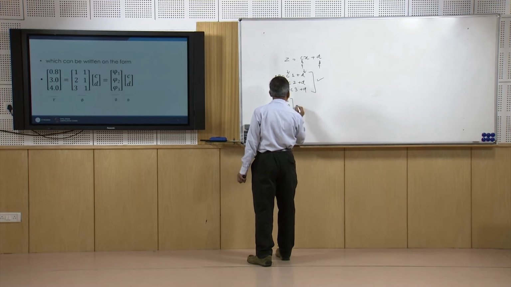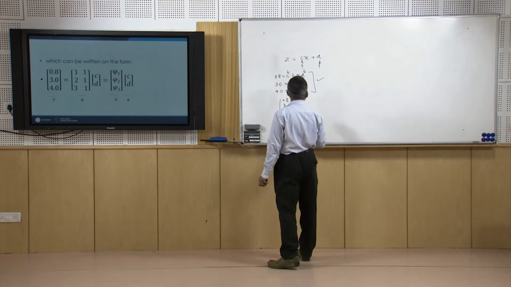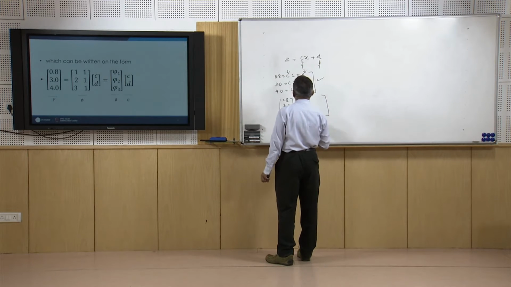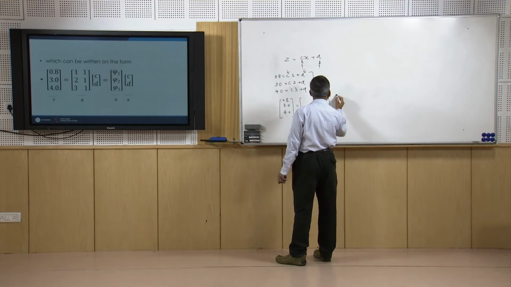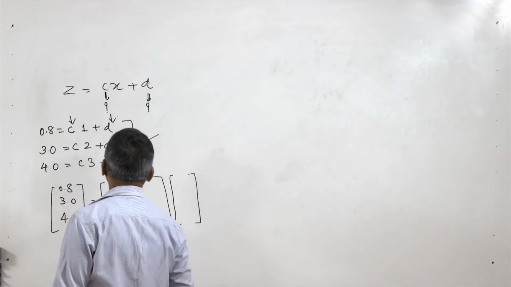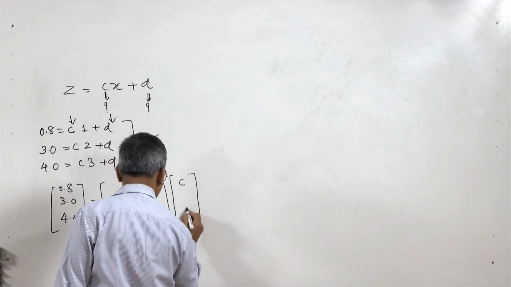So, this is my y vector, and then we had a phi matrix, and then we had the last column vector as the unknown vector. So, in this case our c and d are unknown.